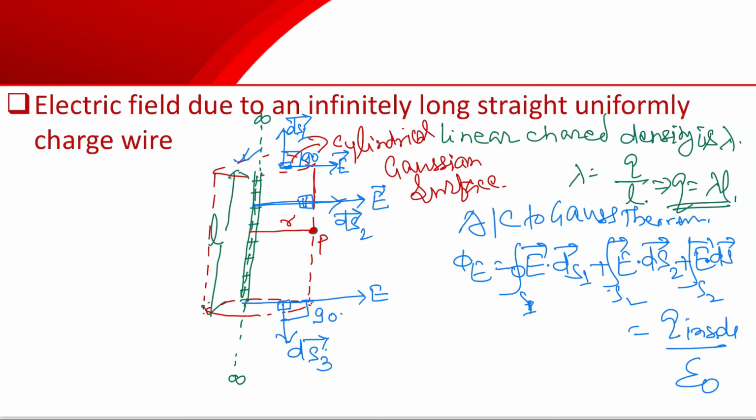Now we know that the angle between E and ds1 is 90 degrees, the angle between E and ds2 is 0 degrees, and the angle between E and ds3 is 90 degrees. So we will put in the values.